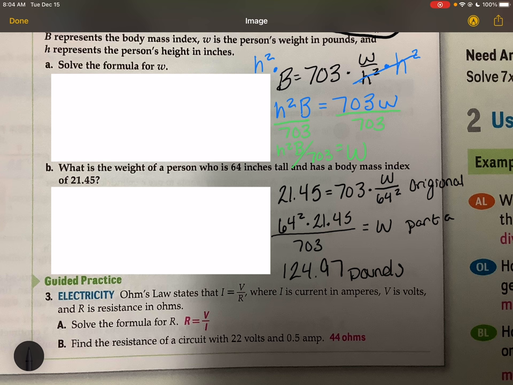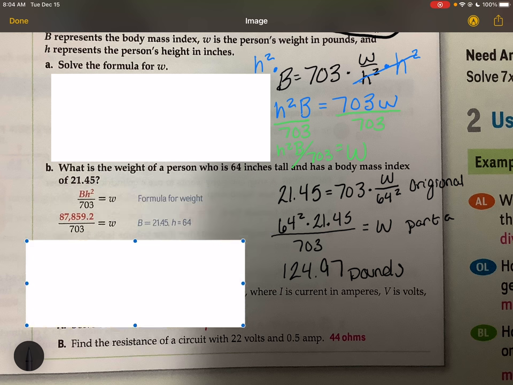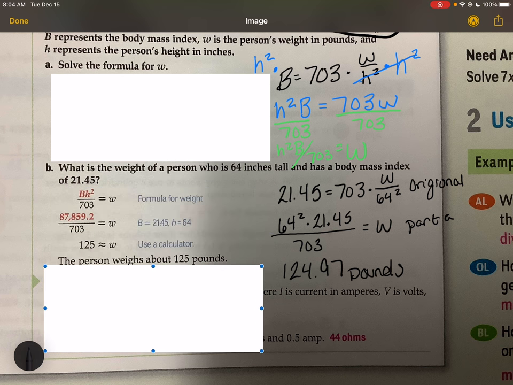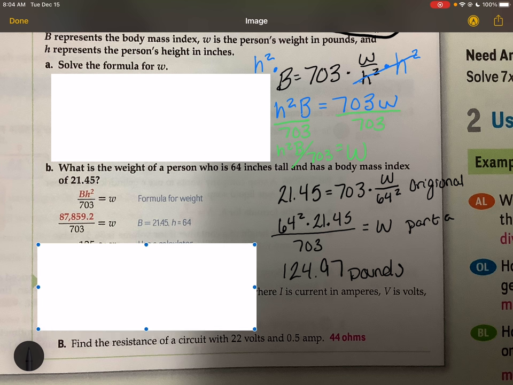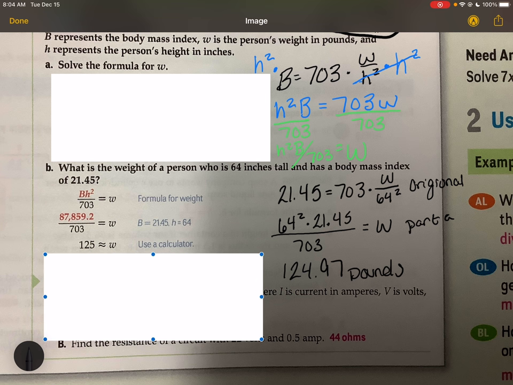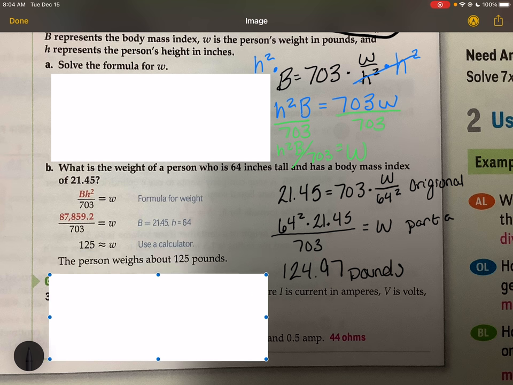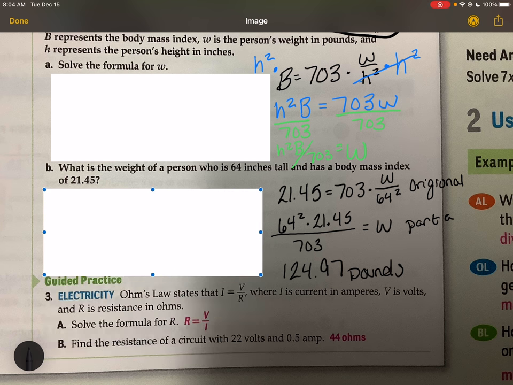And it should be about 125. So essentially we just skipped the second step of simplifying the top and went straight to the bottom. Approximately 125, they rounded up. We left it both about the same thing.